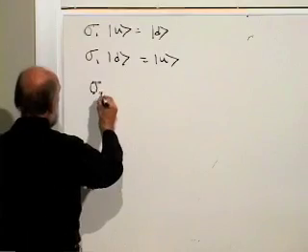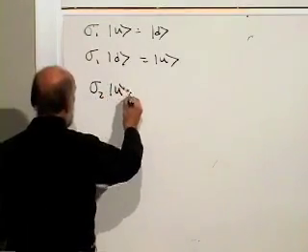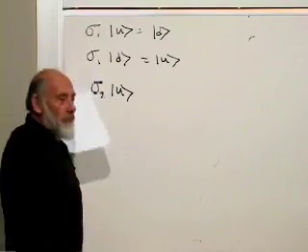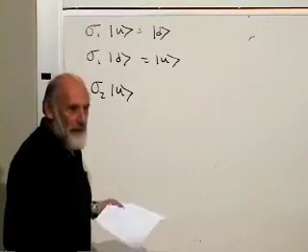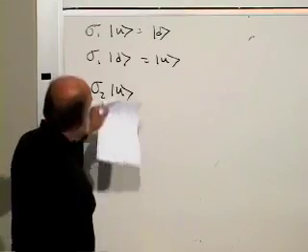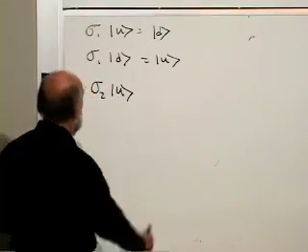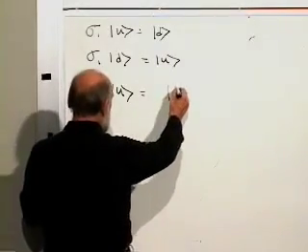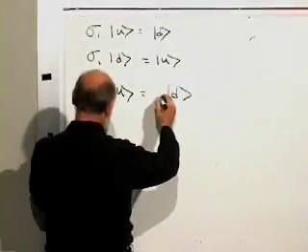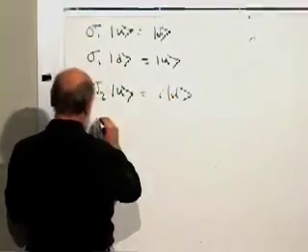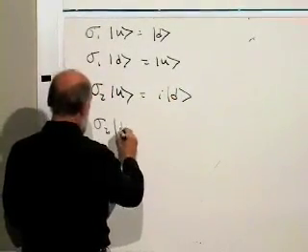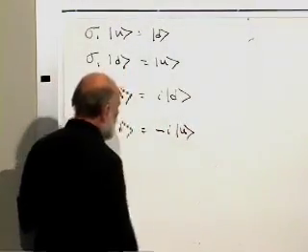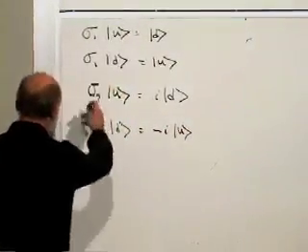Sigma 2, what does sigma 2 do on up? Well, sigma 2 and sigma 1 are very similar, except there's an i in there and a minus sign. So actually what sigma 2 on up does, anybody know? Well, it gives you down again, but it gives you down with an i in front of it. And sigma 2 on down gives you minus i times up. You can check that just from the matrices. And finally, sigma 3.